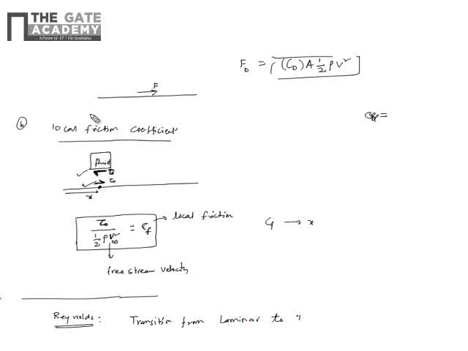The transition from laminar to turbulent depends on a lot of things. One is your surface geometry, whether it's a flat plate or a circular cylinder, pipe. Then the surface roughness: if it is more rough, you'll have onset of turbulence quickly. And the velocity also: higher the velocity, more chance for turbulence.